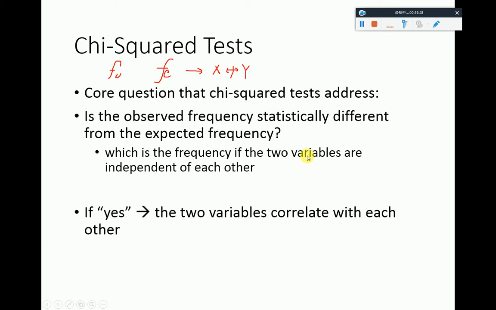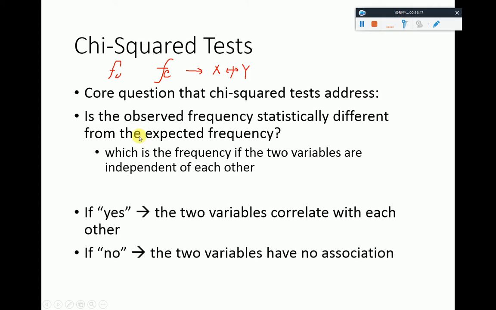And by rejecting this assumption that the two variables are independent of each other, the logical alternative will be that these two variables are actually dependent on each other. That means there is association between these two variables. Okay, so that's the logic.